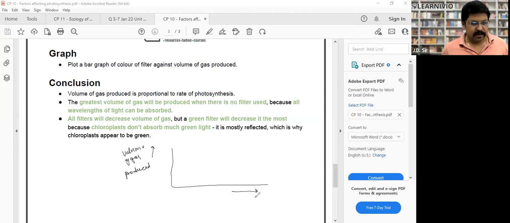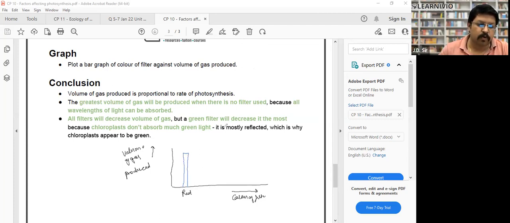Here we can take color of filter, right? Okay. Suppose that this is the red color. So in red color, will the rate of photosynthesis be more or less? More, definitely more. So gas production will be more.